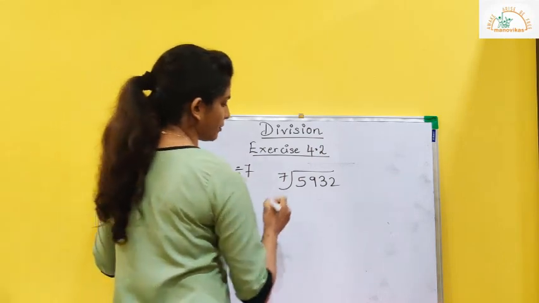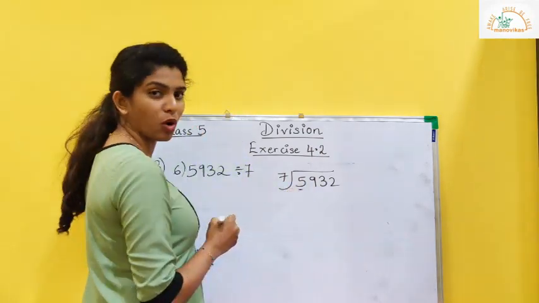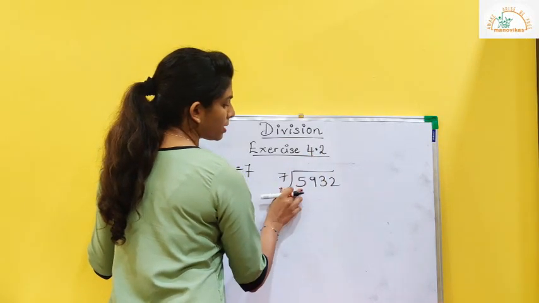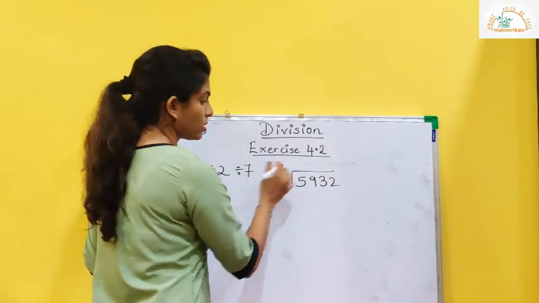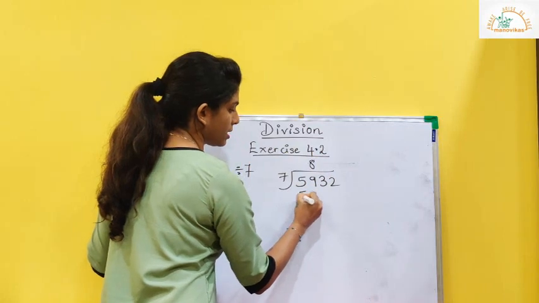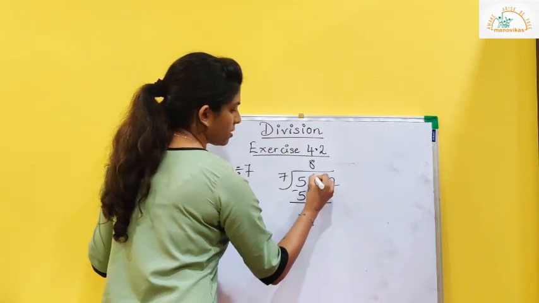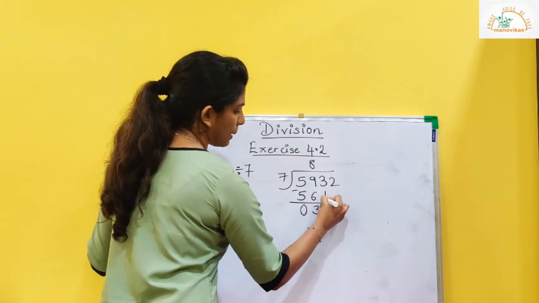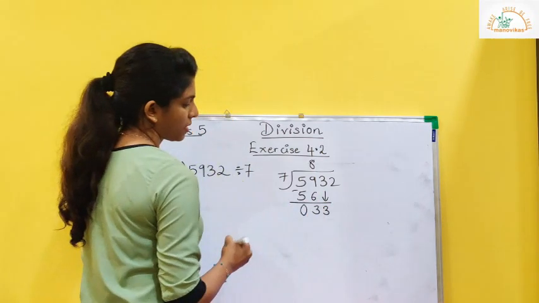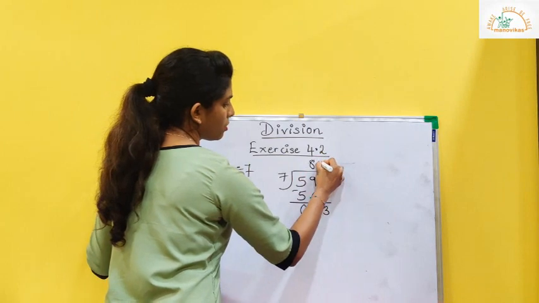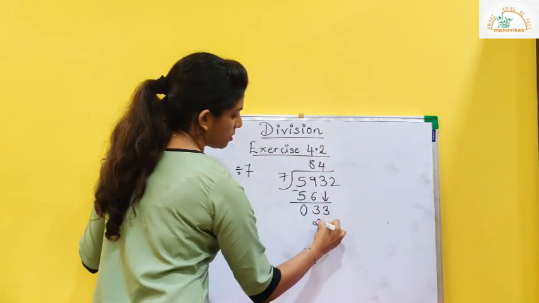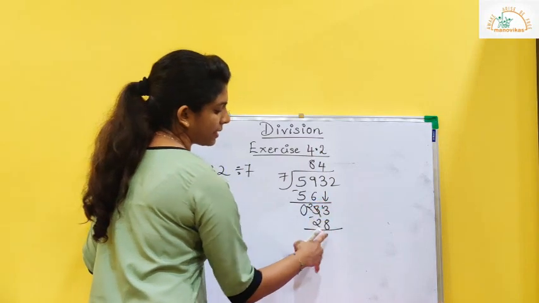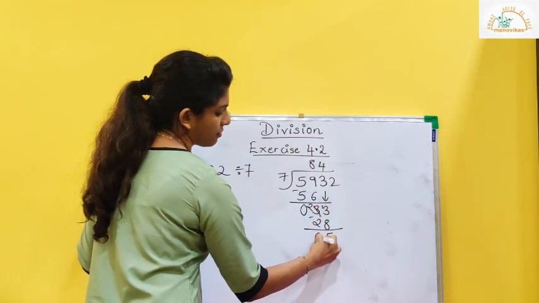5,932 divided by 7. So here 5 is smaller than 7. So I will take both the numbers now, 59. So 7 8s is 56. 9 minus 6, 3. 5 minus 5, 0. I bring down 3. 7 4s are 28. 33 minus 28 is 5.